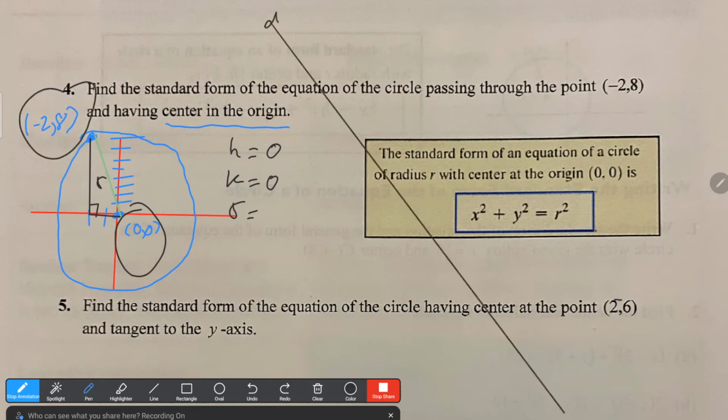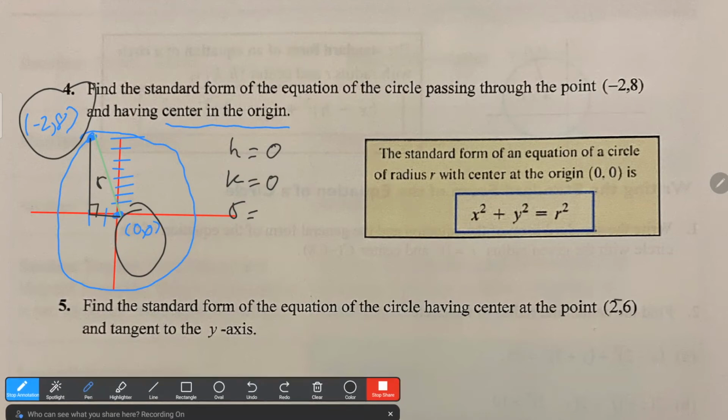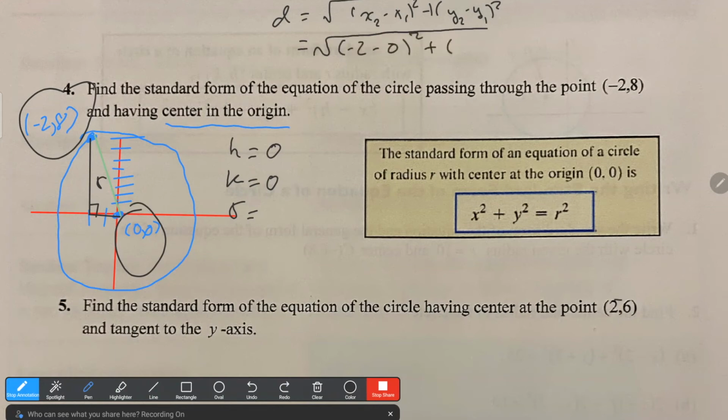The distance formula we know is d equals the square root of x2 minus x1 squared plus y2 minus y1 squared, which is going to be the square root of -2 minus 0 squared plus 8 minus 0 squared.